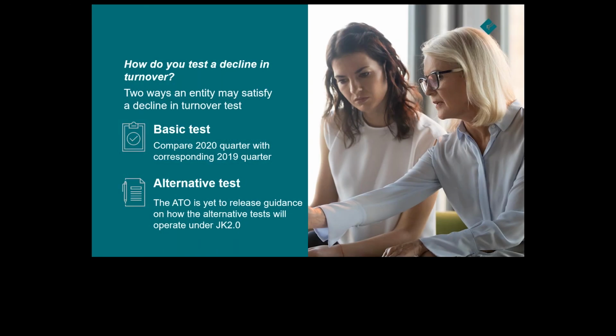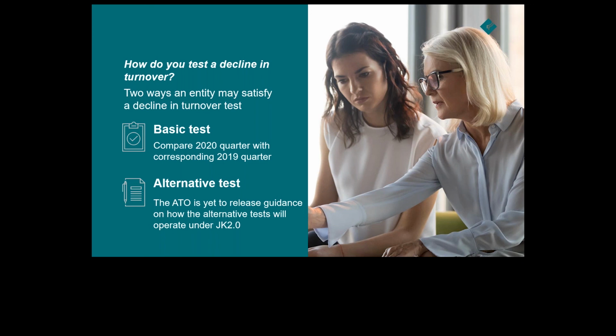So how do you test your decline in turnover under JobKeeper 2.0 or the 10% certificates? Once again, as with 1.0, there are two effective tests. One being the basic test, which compares the relevant test quarter in 2020 with the corresponding quarter in 2019.